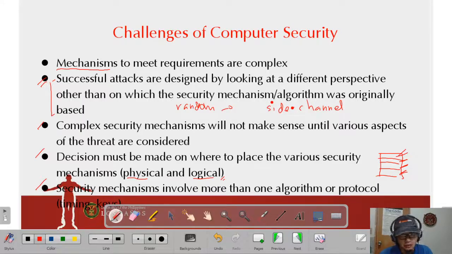That is an important challenge in computer security.